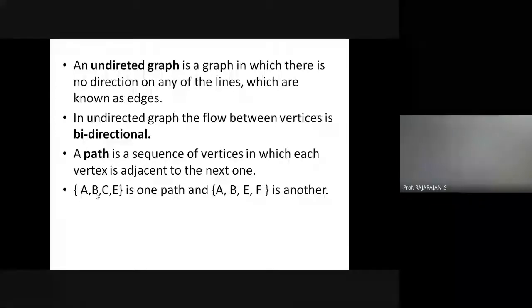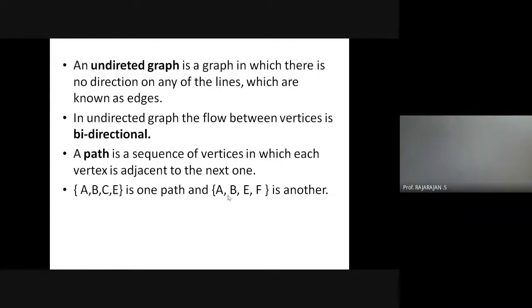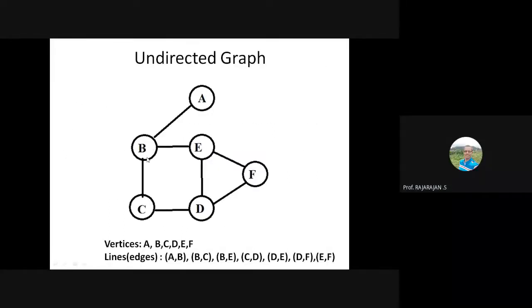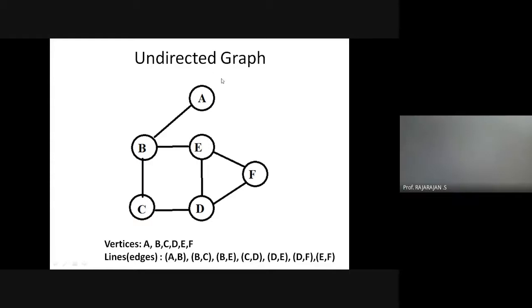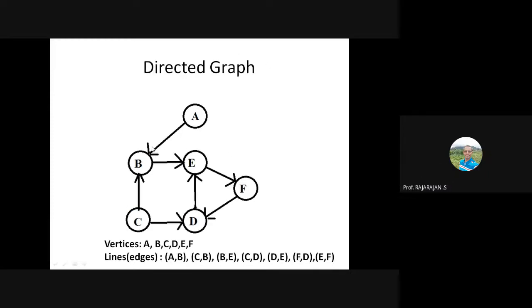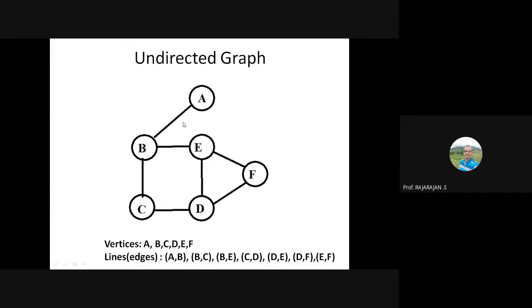This is an example: ABCE is one path and ABEF is another path. Now I'm presenting the graph example, and this is an undirected graph because you don't see any direction. In a directed graph, you will see arrow marks, but here this is an undirected graph. So what is an edge here?